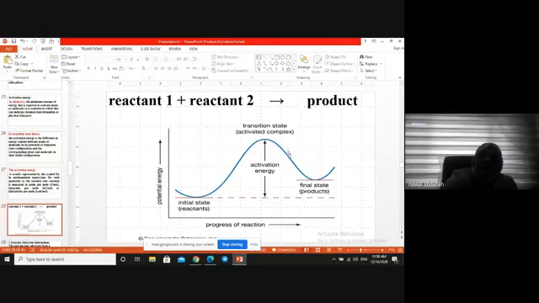And then the curve will fall down into the final state, which produces the product and releases the enzyme outside the reaction without any changing. This difference between the transition state and the initial state of the reactants is called the activation energy.